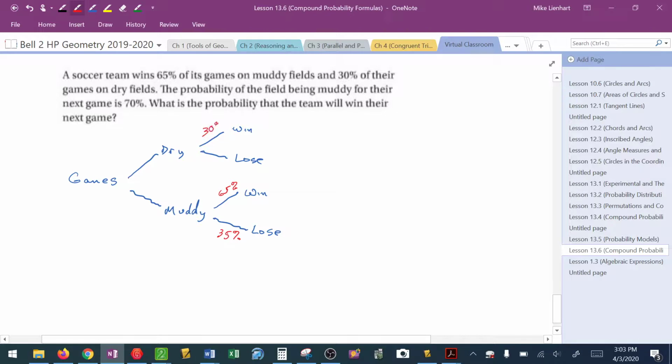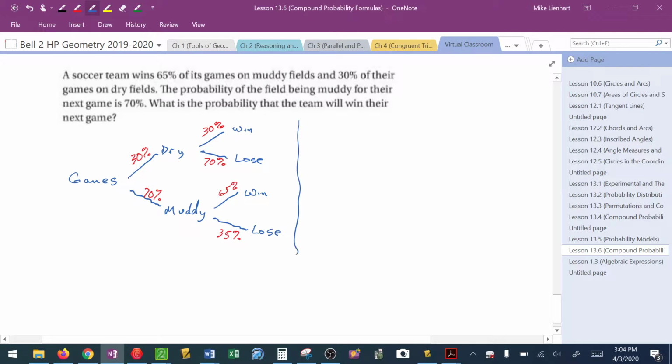So they're going to win 30%, which means they lose 70%. It says the probability of the field being muddy for their next game is 70%. So what does that tell me? That tells me that muddy is 70% and dry, therefore, would have to be 30%. They want to figure out the probability that the team's going to win their next game.